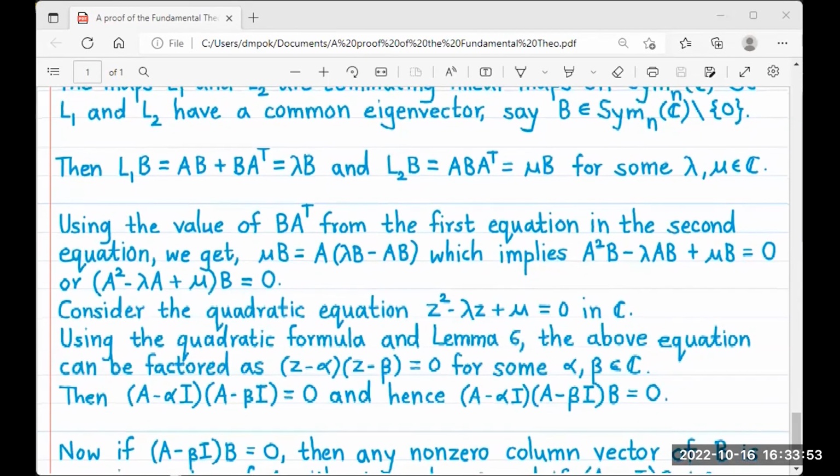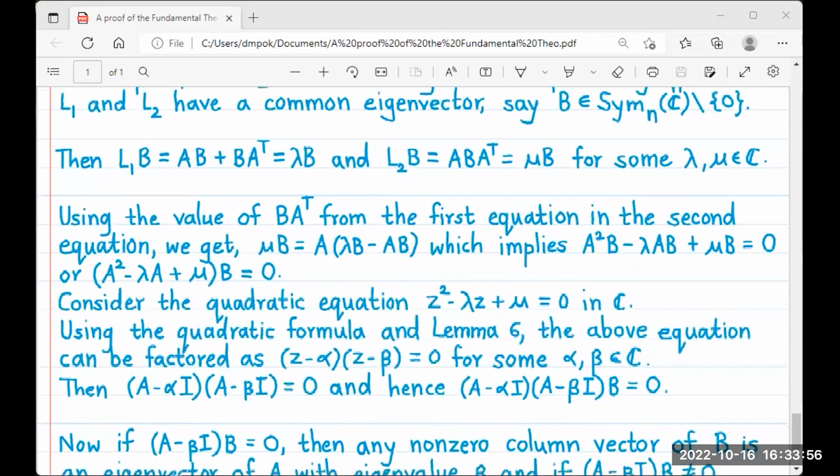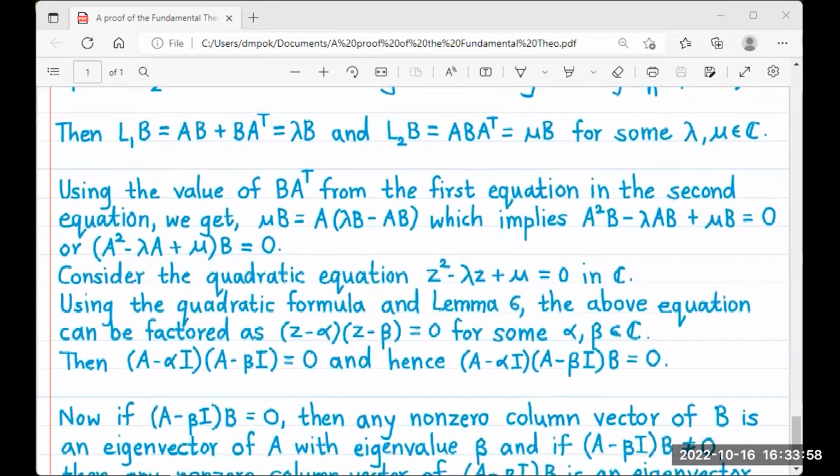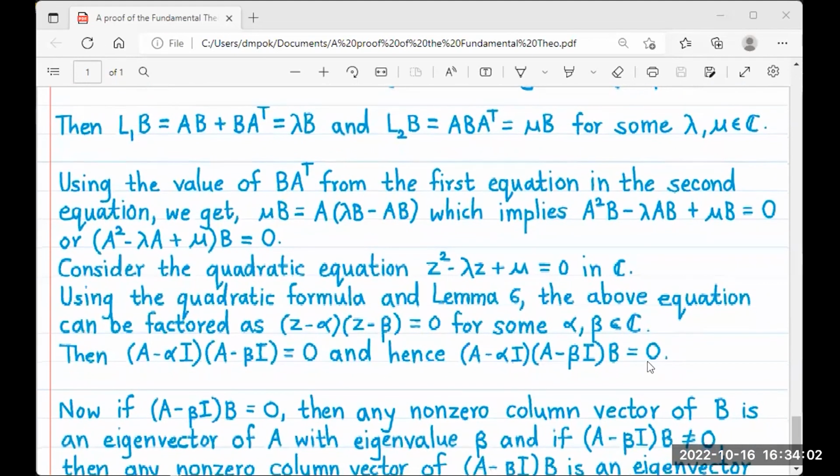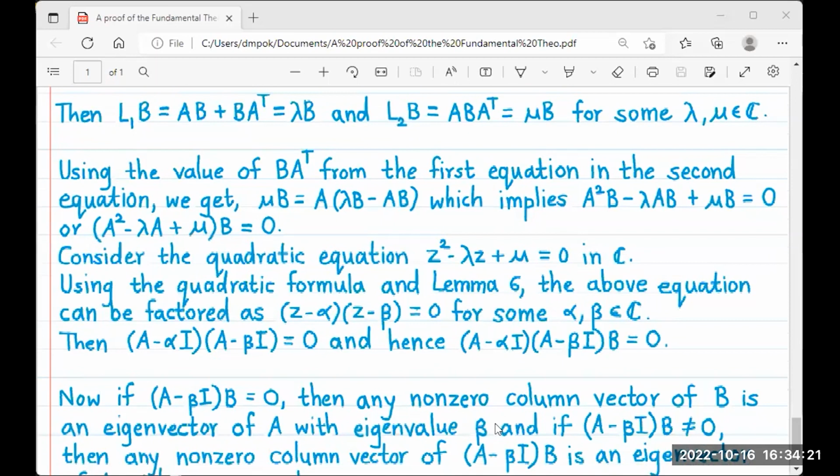Then we will call it some matrix C. Okay, (A − βI)B is C, suppose. Then we will get (A − αI)C is the zero matrix. In other words, AC will be equal to αC, and C is a non-zero matrix. So any non-zero column vector of C, that is of (A − βI)B, will be an eigenvector of A with eigenvalue α. So in any case, we will get an eigenvector of A.